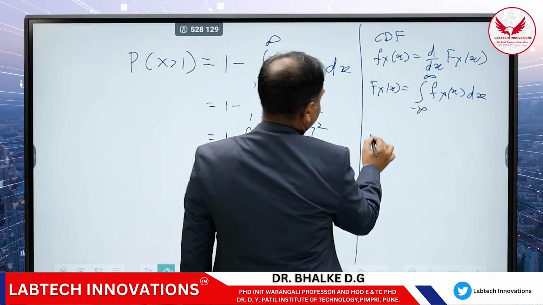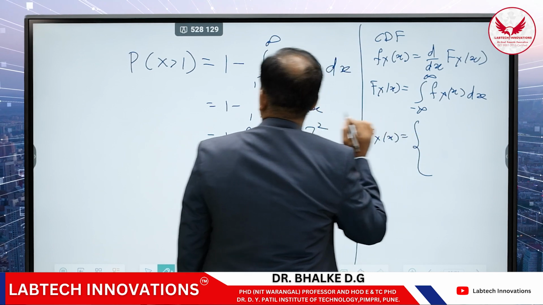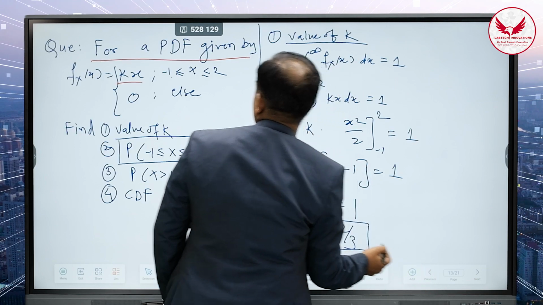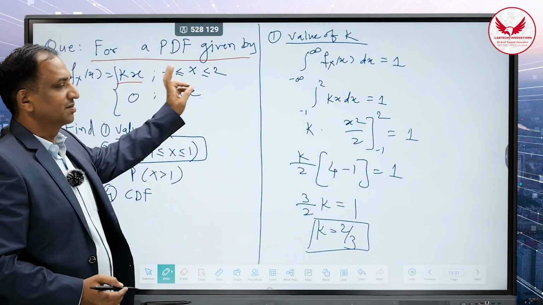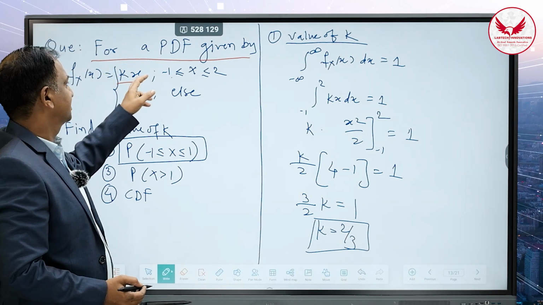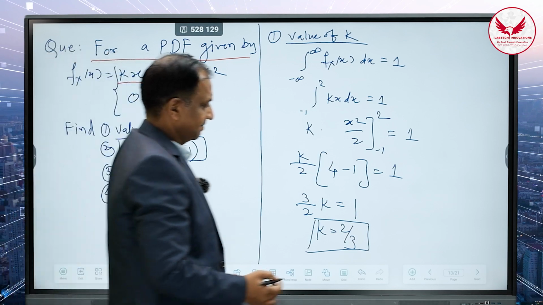If you look at the PDF, it is only kx from -1 to 2. The differentiation of x with respect to x is 1, so this is equal to k.